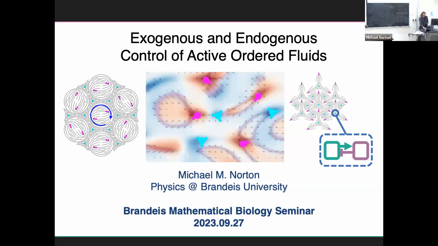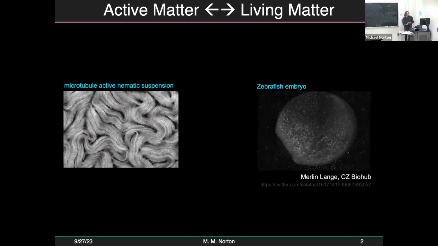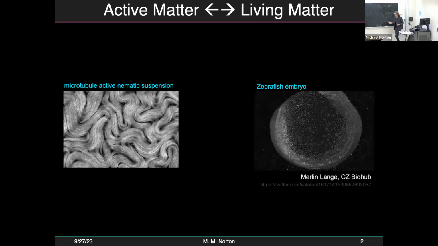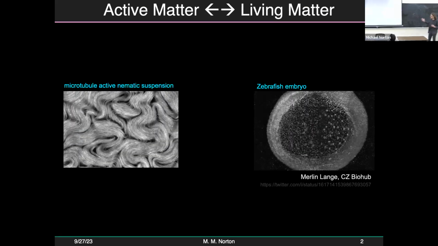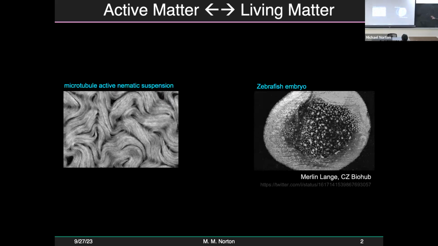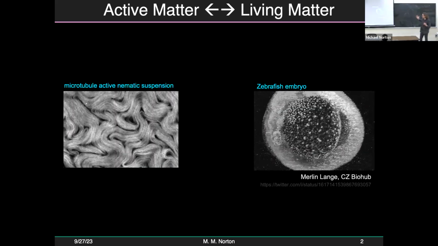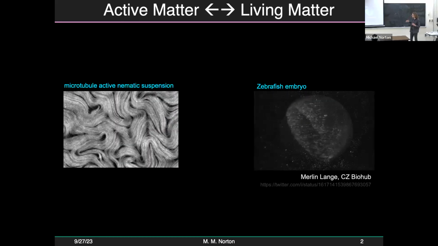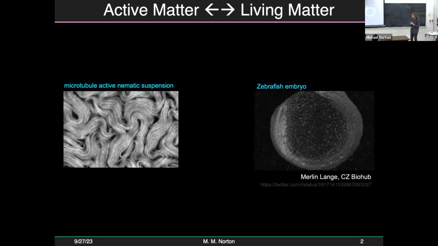So just to give you an idea of where my philosophy is, let's look at two really beautiful movies. On one hand is a microtubule suspension, which I'll be talking a lot about today, so I'm not going to talk about the details just yet. And on the right is a zebrafish embryo undergoing morphogenesis. It's a very complex orchestrated process.